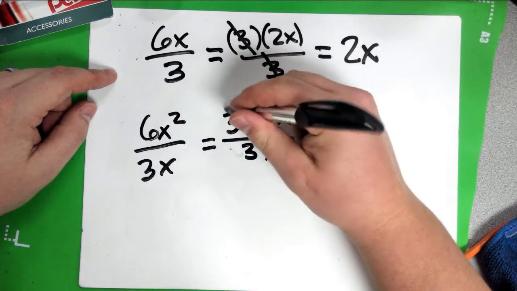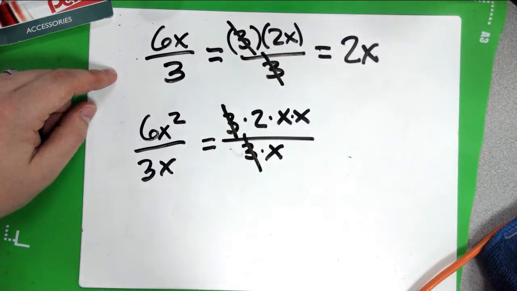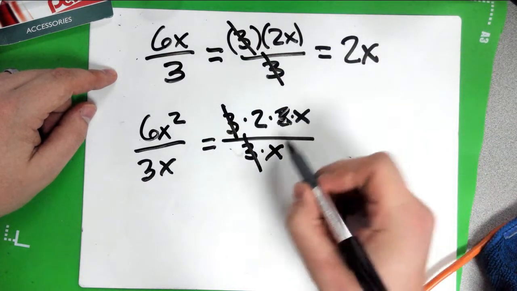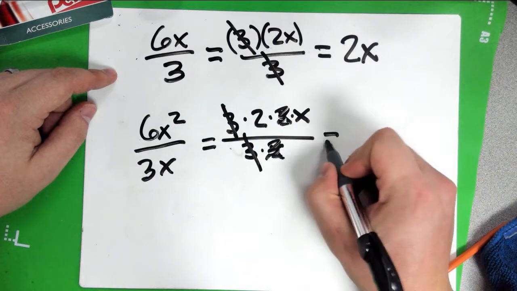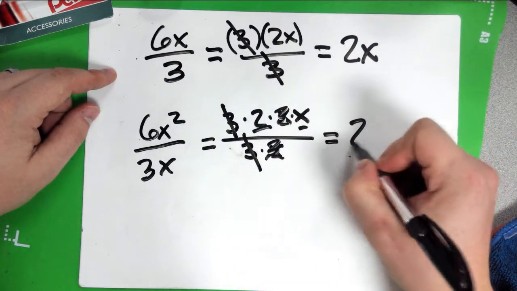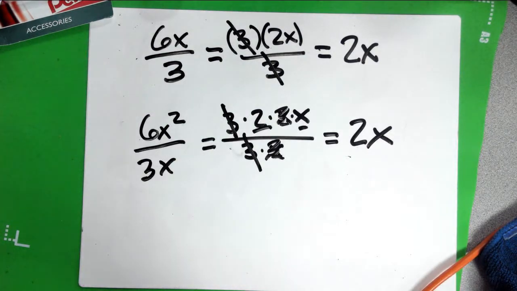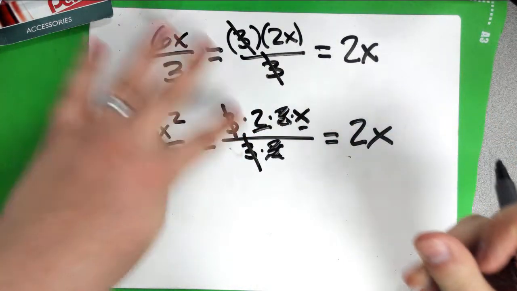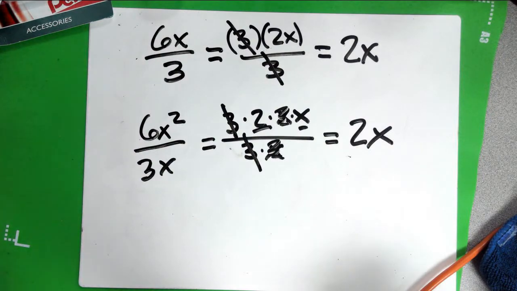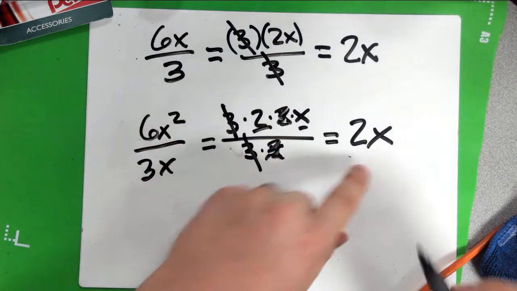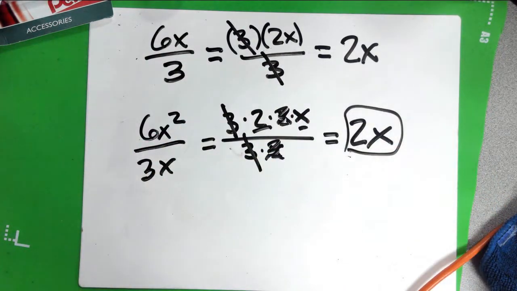So right here, I've got a 3 on top and a 3 on bottom, so those cancel. I've got an x on top and an x on bottom, so those cancel. What's left? 2x. So we get the same thing. So when we're doing monomials, we can split them up into our factors, cancel out what's the same on the top and the bottom, and then write out what's left right here.